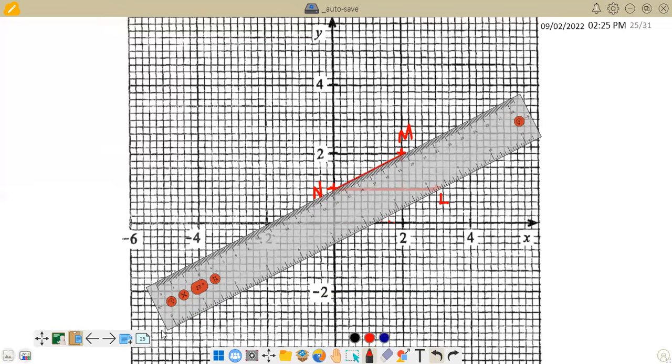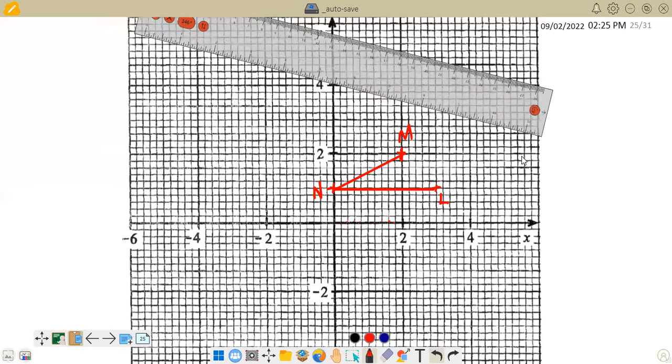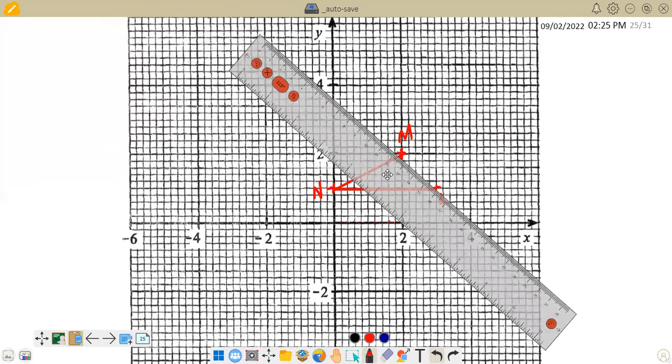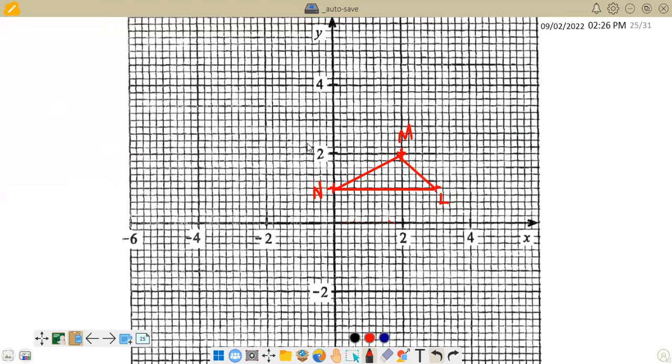You do the same, just rotate your points, then join them together. All right, so you've got L and M together, so somewhere there. So you just join. Make sure they are exactly at the point. Not exact, but it's supposed to be directly going to the M there, direct to the N, like that. So that is our triangle.